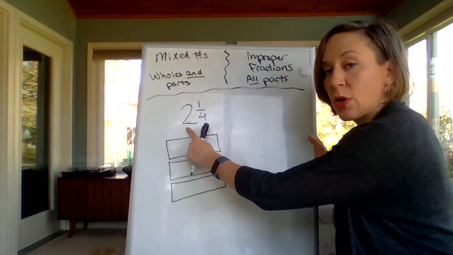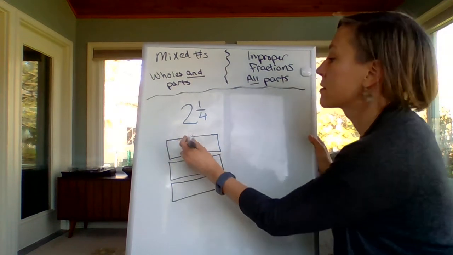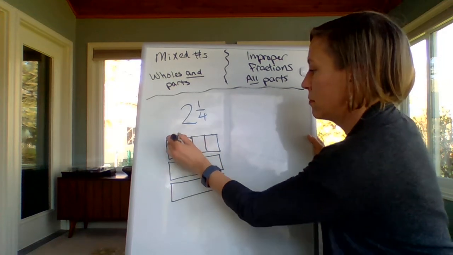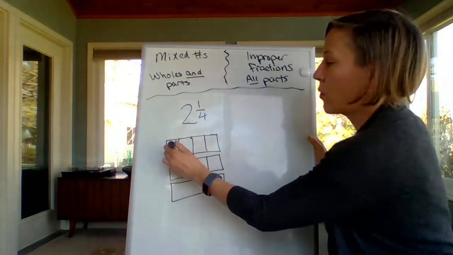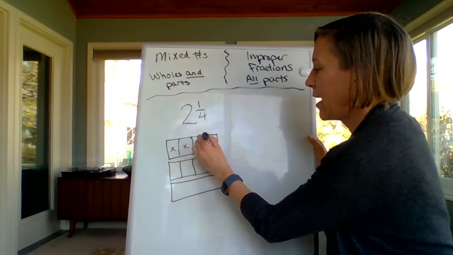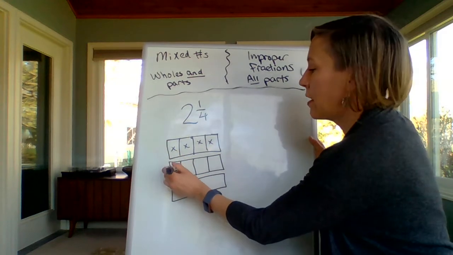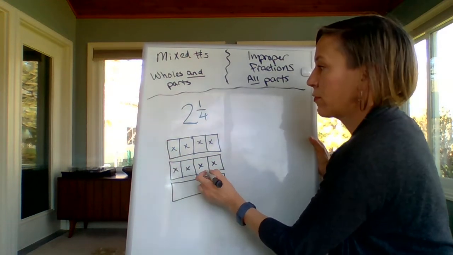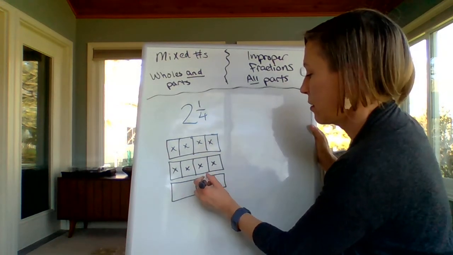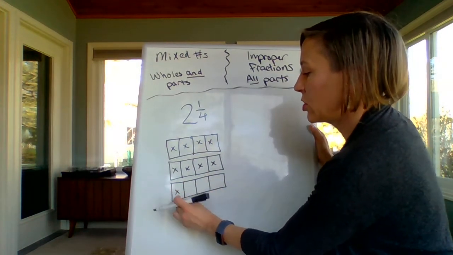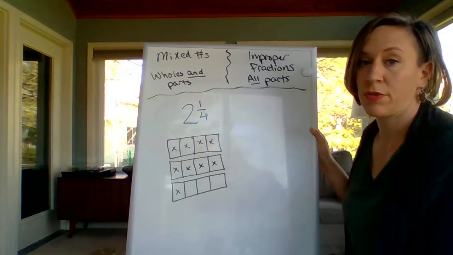So in order to make these wholes, each one of them must have had 4 fourths. So if I shaded in 4 fourths here, that would make one of these whole numbers. And then if I shade in another 4 fourths there, that would make my second whole number. And then down here, I'm just going to shade in one of the 4 pieces to show 1/4.